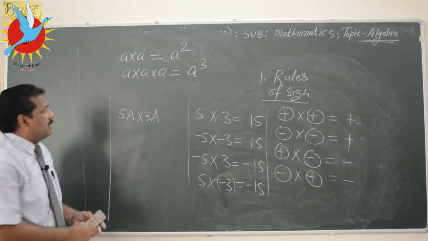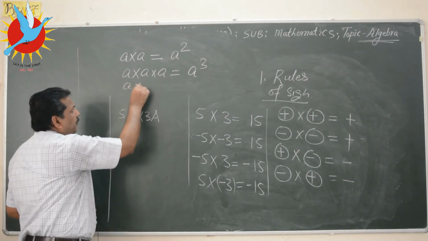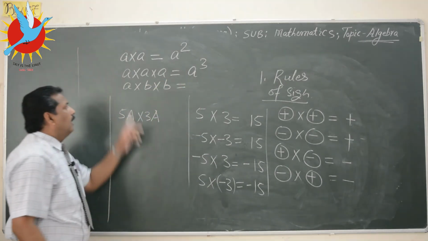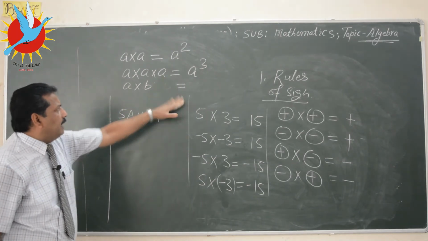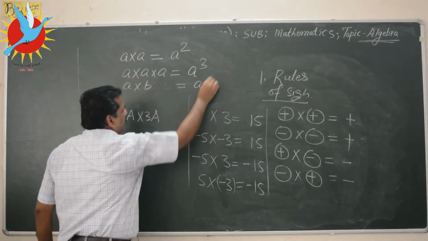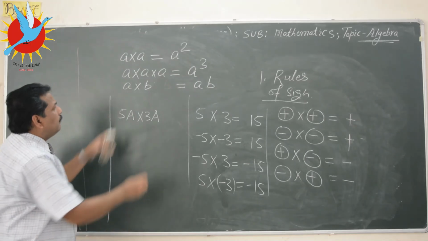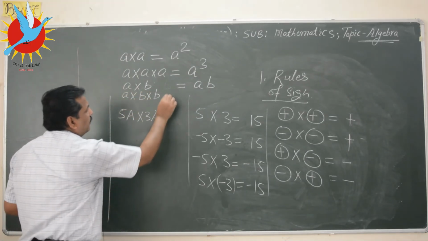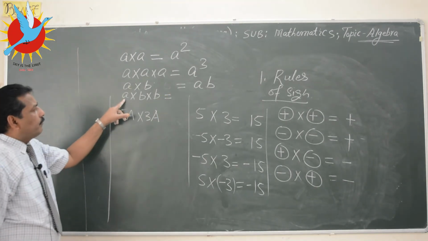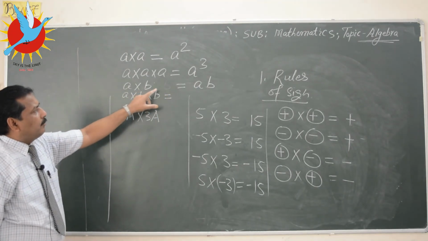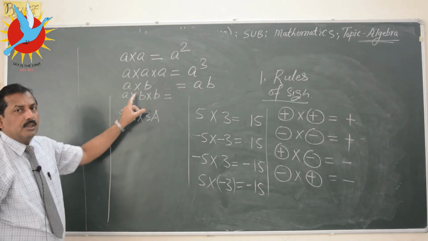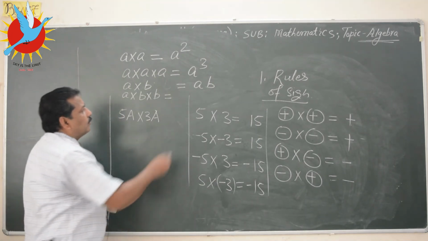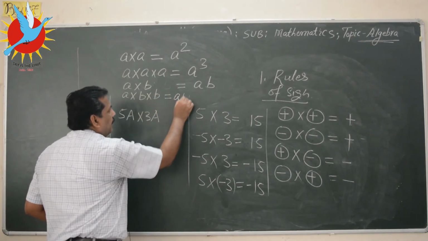So similarly, a multiplied by b multiplied by b, how should we write? a multiplied by simply b, that is ab, and a multiplied by b multiplied by b, how to write the product? a, and then b power is 1 and 1, that is 2, b into b, that is b square multiplied by a, so that is a and b square.